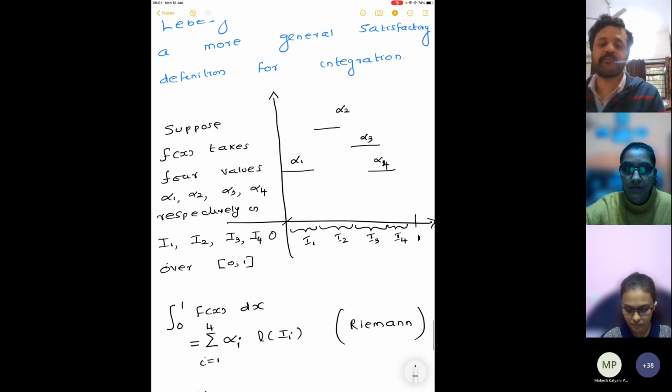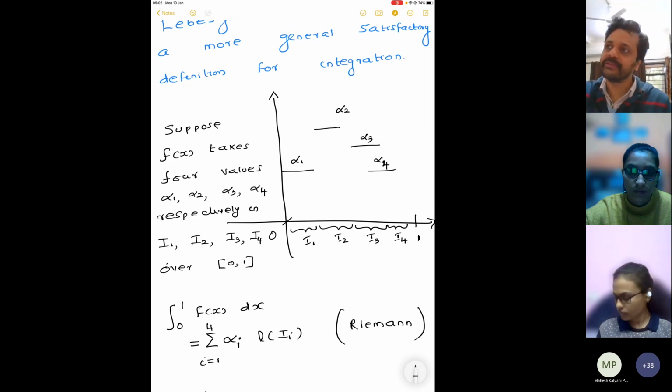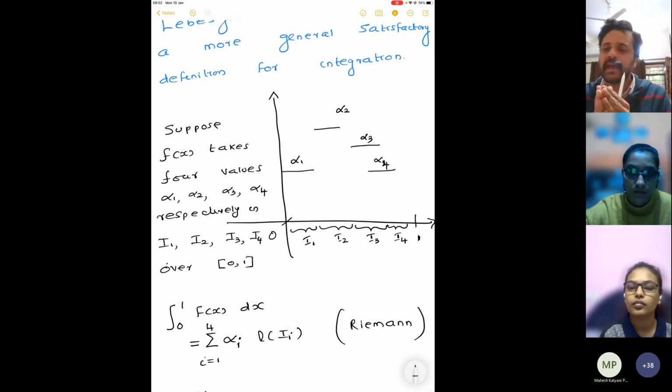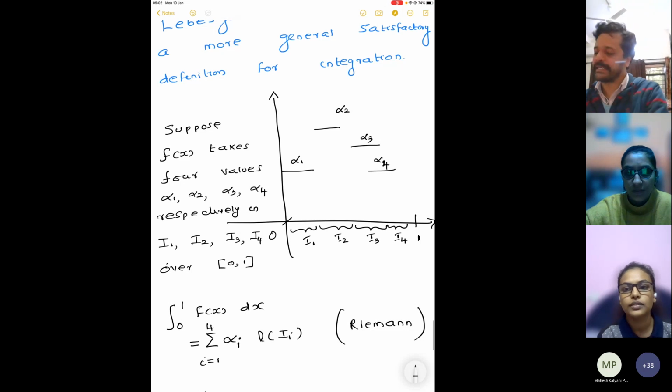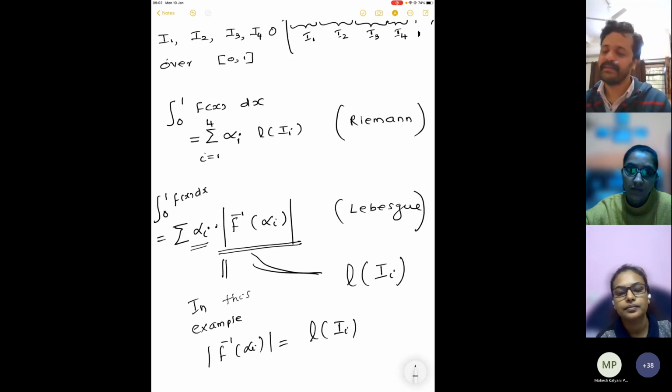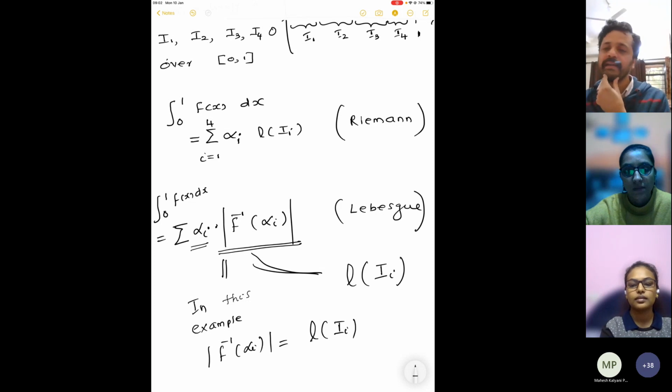But instead of this step function, suppose you have a general function and try to do this. Means you collect those where f of x takes the same value and then consider its inverse image, f inverse of that. Can you expect f inverse of that will always be an interval? No, sir. You cannot expect that. So I want a measure for that set. So instead of length, now I want a measure for f inverse of alpha i.